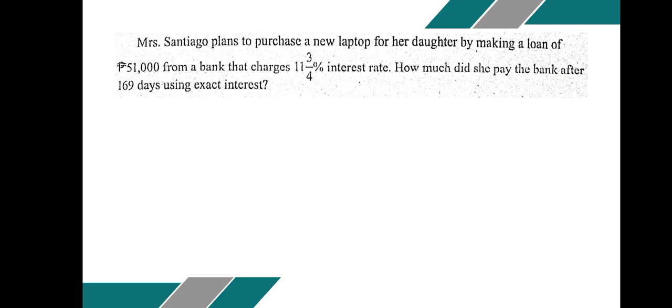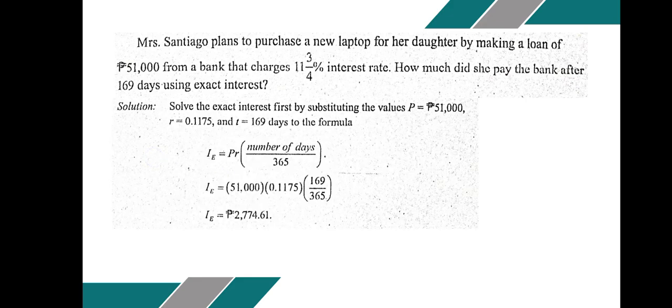First, we need to determine ano yung given, and then let's use kung ano yung maaari natin gamitin na formula. So here, we need to solve for the exact interest by substituting yung mga values, yung mga given na principal, which is 51,000. Ang rate naman is 0.1175, and at saka yung time na given dito is 169 days.